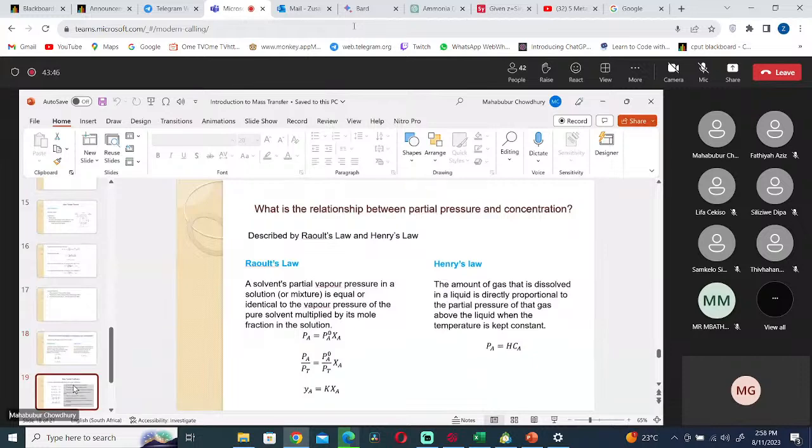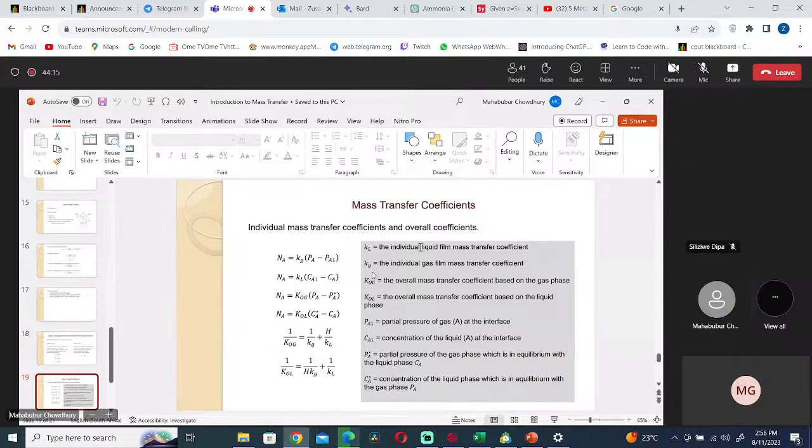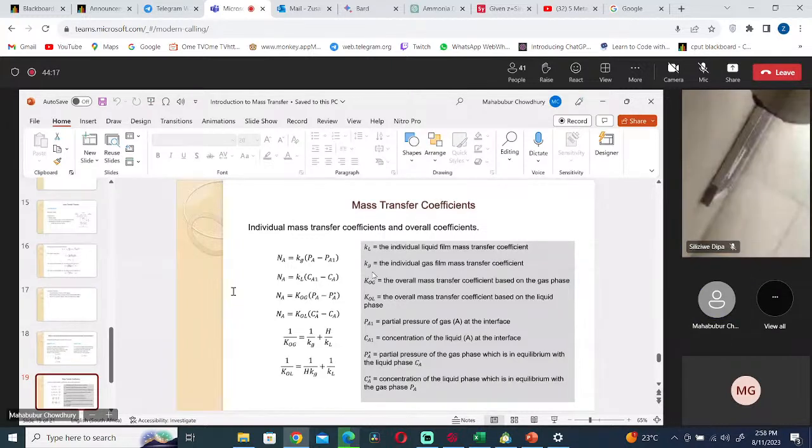But in a nutshell, you have different mass transfer coefficients. If you look at all these coefficients, your NA equals kg multiplied by PA minus PAi, where kg is the individual gas film mass transfer coefficient. You can also say that NA equals kL times CAi minus CA, meaning the difference in concentration, and your kL is the individual liquid film mass transfer coefficient.